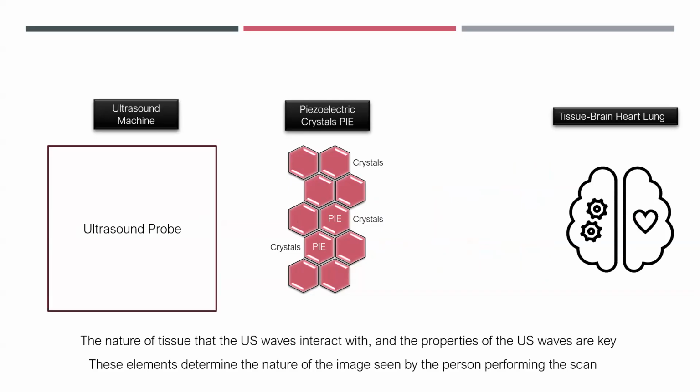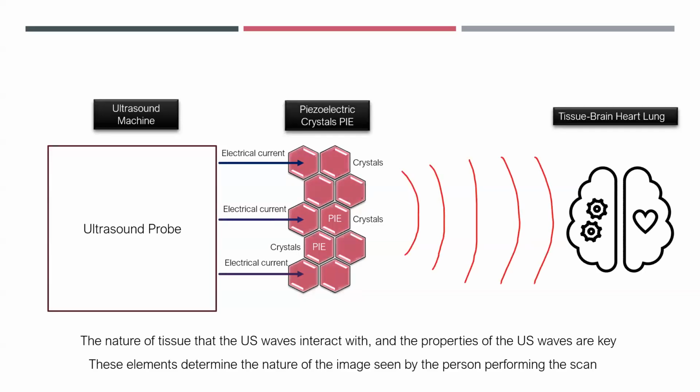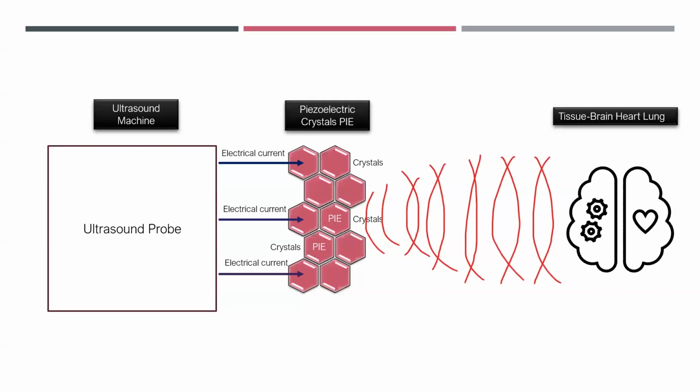It's how sound waves and their properties interact with tissue that eventually generates the image that you and I get. And if you're not using the right frequencies with the right probes and modifying through image optimization, then your image quality will suffer. That can have a significant impact on how you interpret your ultrasound, especially for the brain.